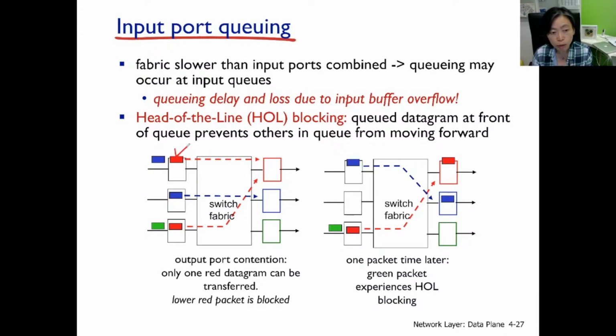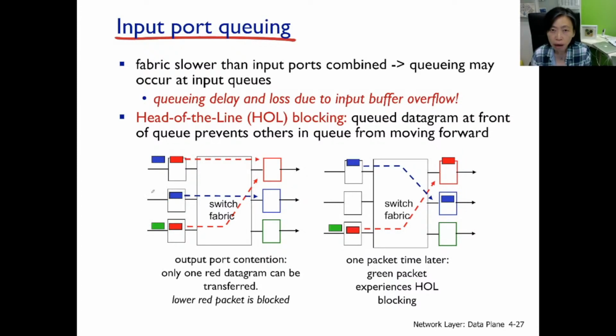Let's assume this one goes through and this one gets blocked. One packet time later, you see this red packet arriving at the output port. That's why we see the red packet here. This blue packet arrives at the blue port. That's why we see the blue packet here. But this one stays. Therefore, one packet time later, this red packet stays.